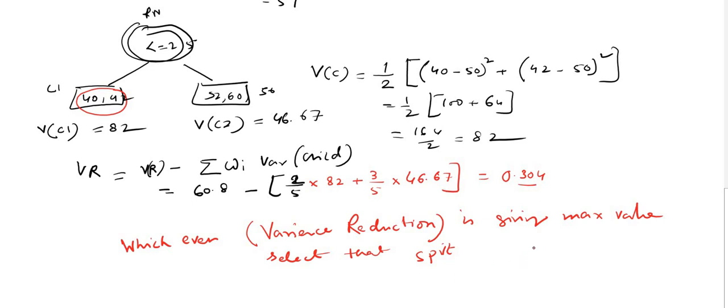So in our case, we will select this split compared to the other one. That's a very important thing. Okay, so that's the way we have to select the split.